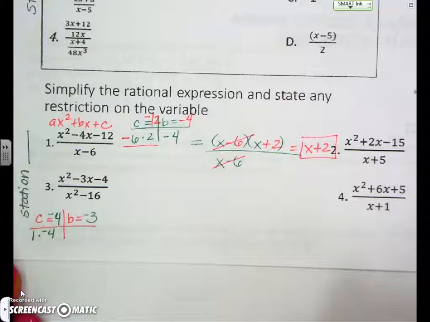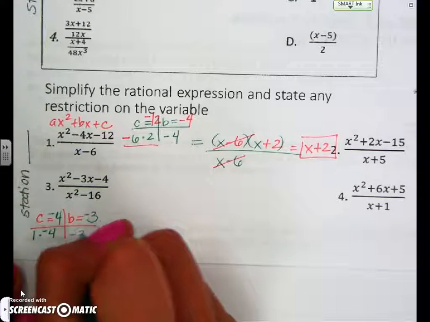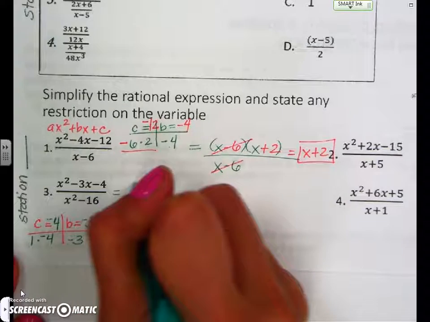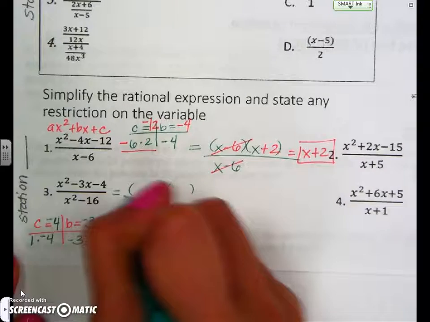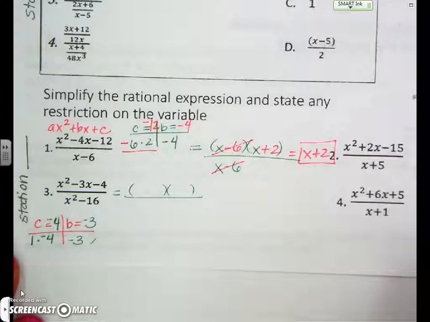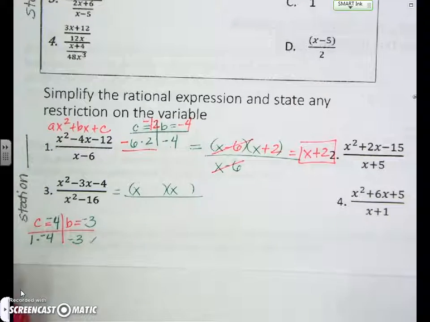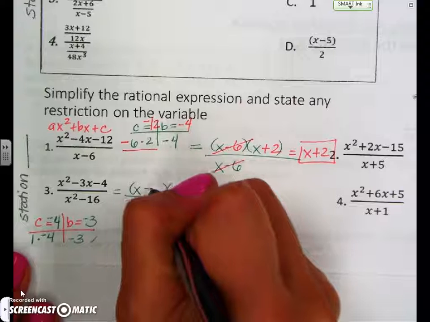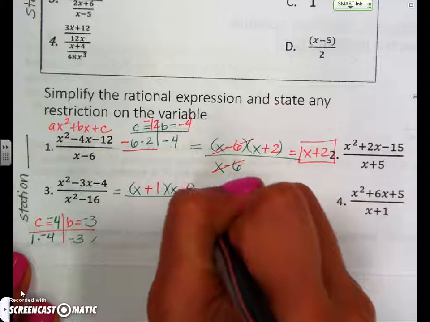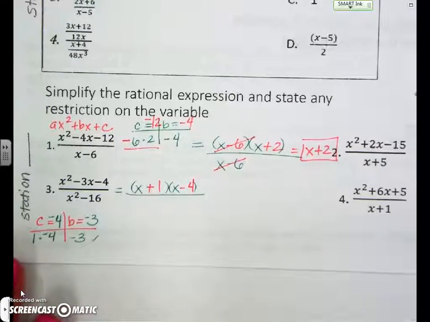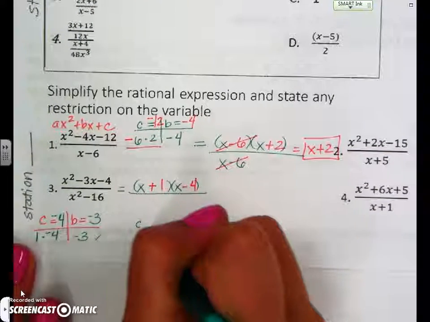If I add 1 and -4, you get -3. So there we go. So you're going to set up your x's. You separate your x's, and what do we put inside the parentheses? +1 and -4. Perfect.